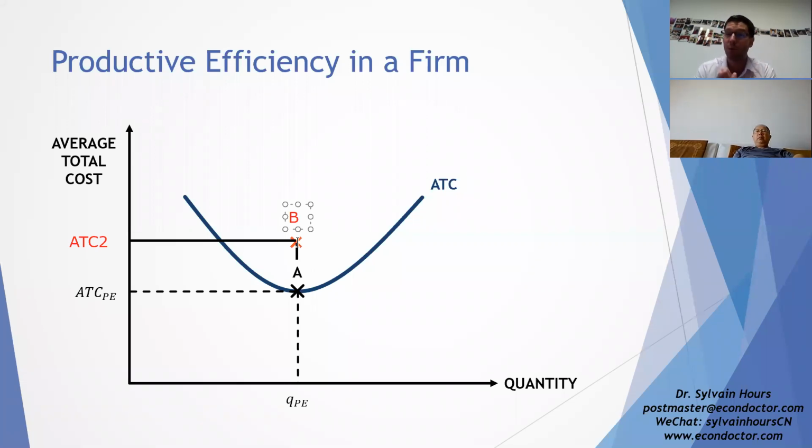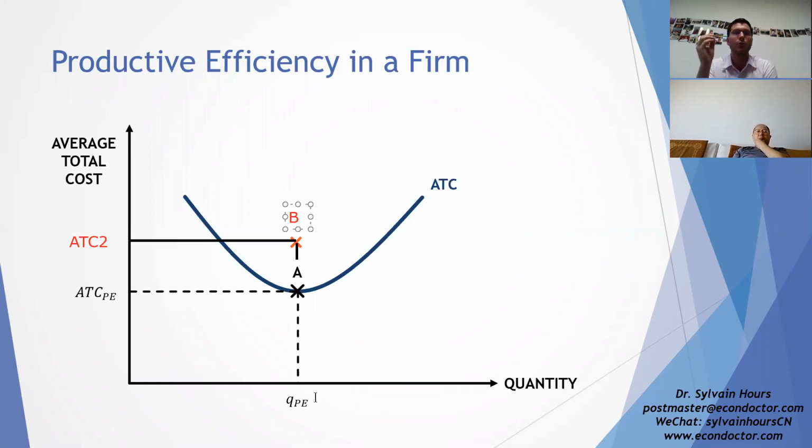The other possible problem that can explain why a business might be unable to produce a given level of output, QPE, for example, at minimum ATC, is what we call cost inefficiency. Cost inefficiency is when you do not combine your factors of production in the best possible way. When, for example, you use too many machines and not enough workers, or the opposite. Sometimes there are several possible combinations of inputs, which we call input mix, to produce the same level of output.